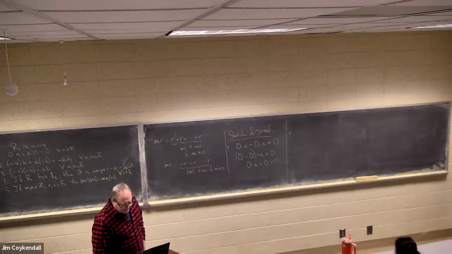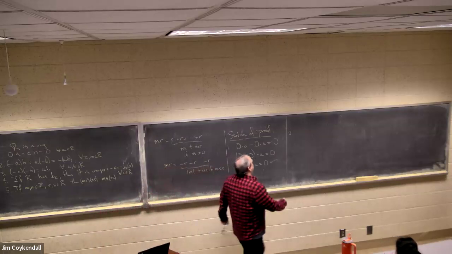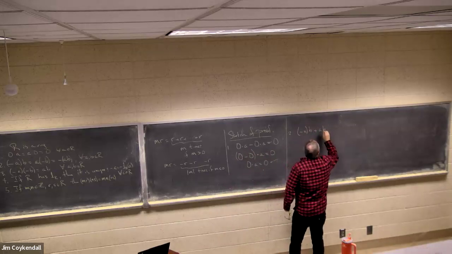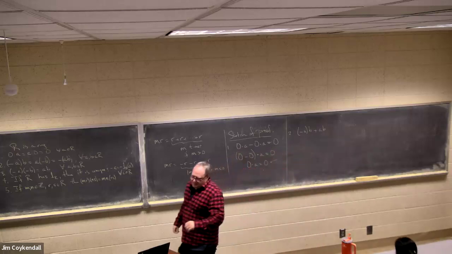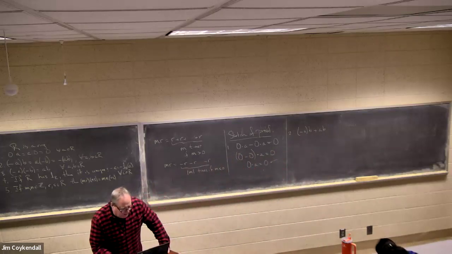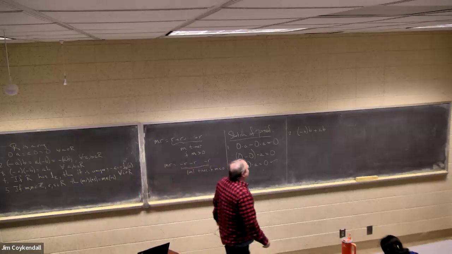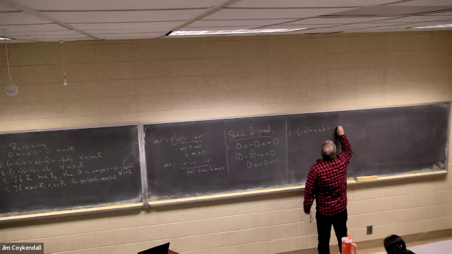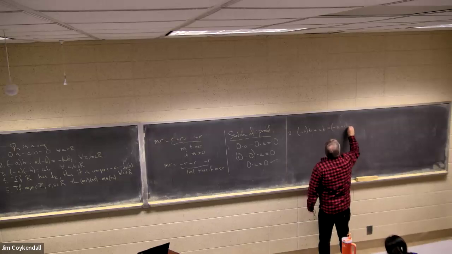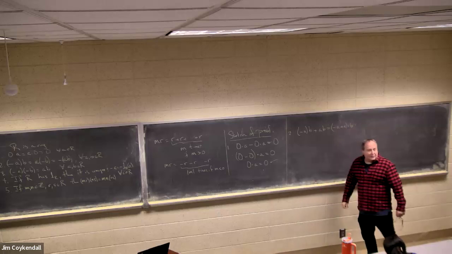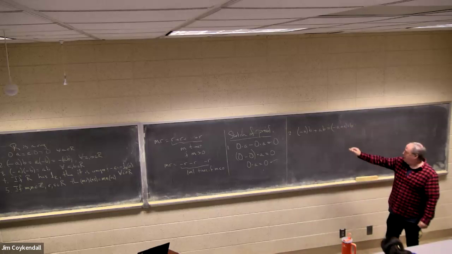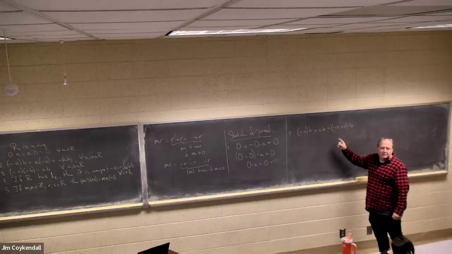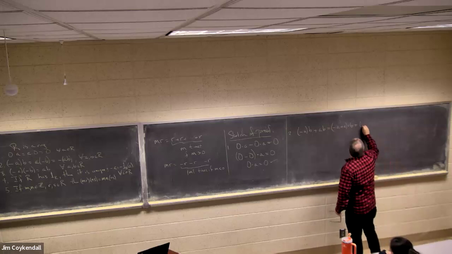2, I'll get you warmed up on this one too. If you look at negative A times B plus AB, this is equal to negative A plus A times B, because we have the distributive property. So I can pull that B out. And what's negative A plus A? 0.